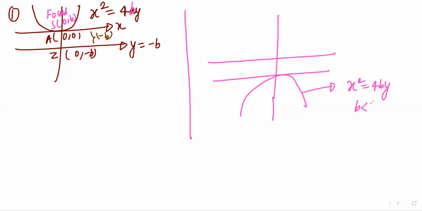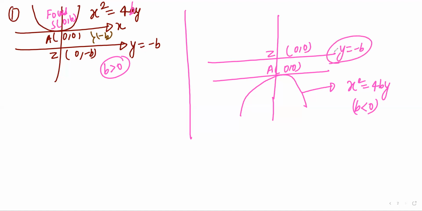So here b less than 0. This is b greater than 0. This is the origin 0 comma 0. This is y equal to minus b, right.